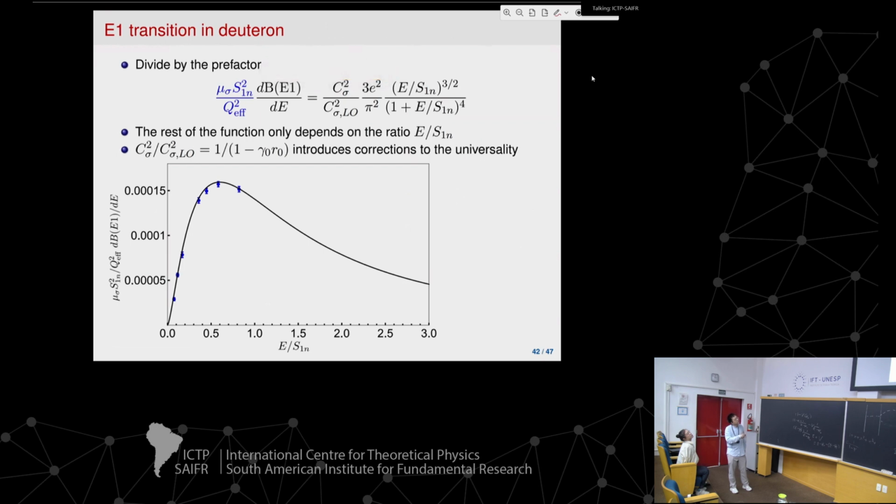If you plot these universal functions and compare with the data for the E1 transition in deuteron, they match very well with each other. This is also because the deuteron is a simple system. The neutron and core basically don't have other structure inside, because it has large separation of energy scales.